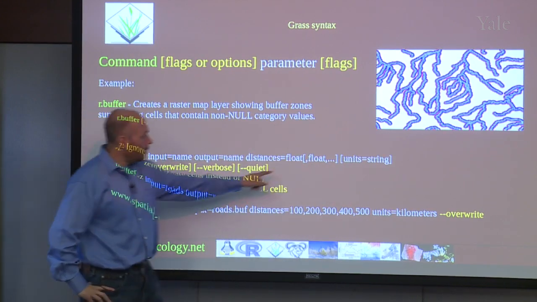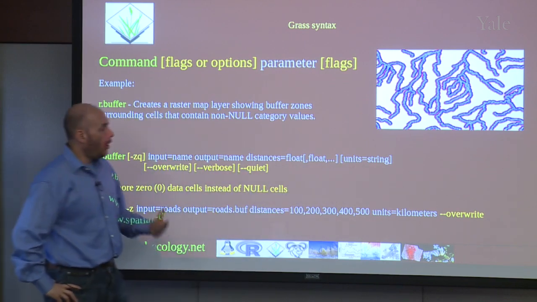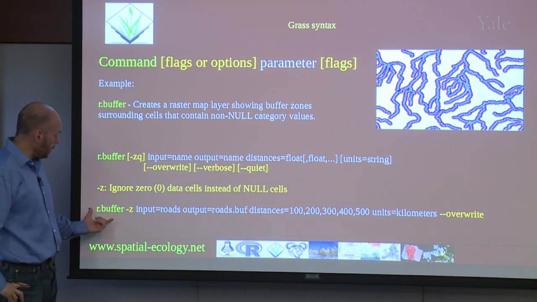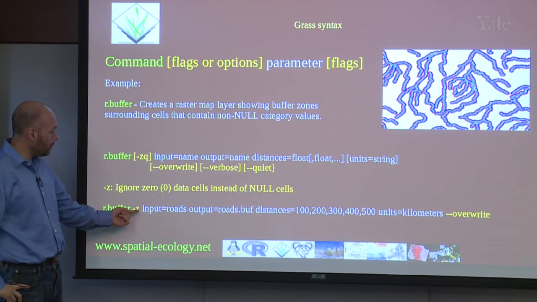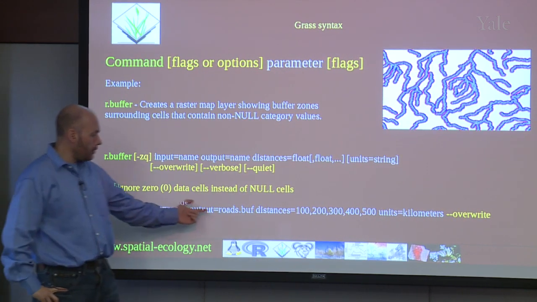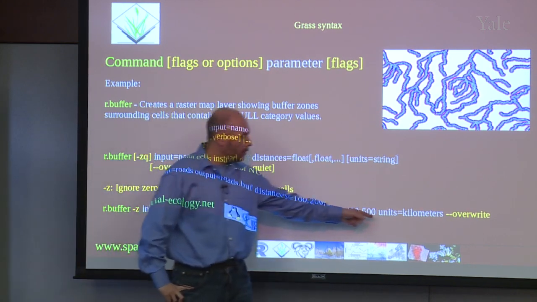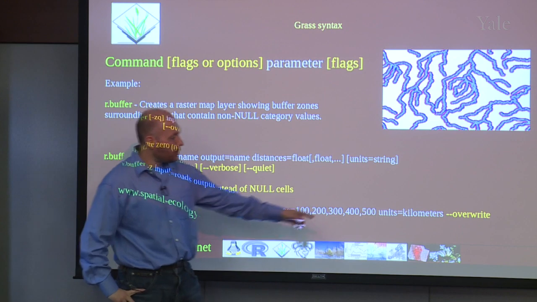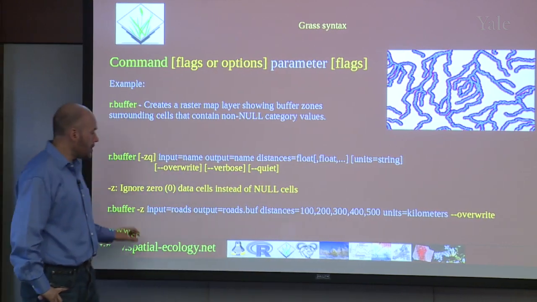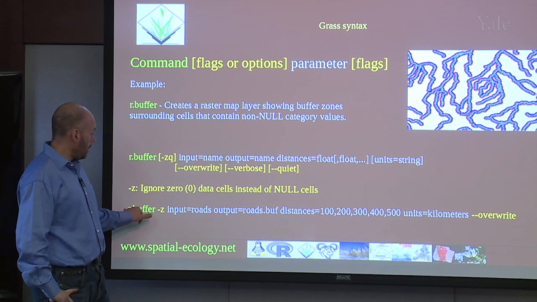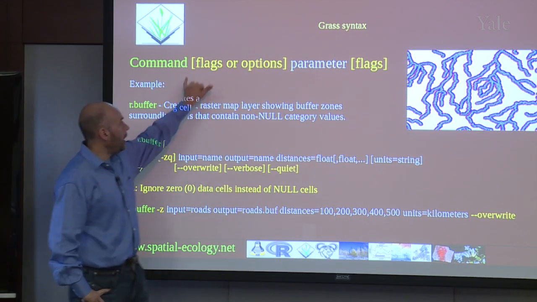As you can see, everything that you put over here is going to be optional. So if you want to build up in one line the input parameter, input roads, output roads buffer, distance every 100, 200, and then you give unit kilometer, and the option overwrite to overwrite your raster. As you can see, this is the same syntax as for the bash language.